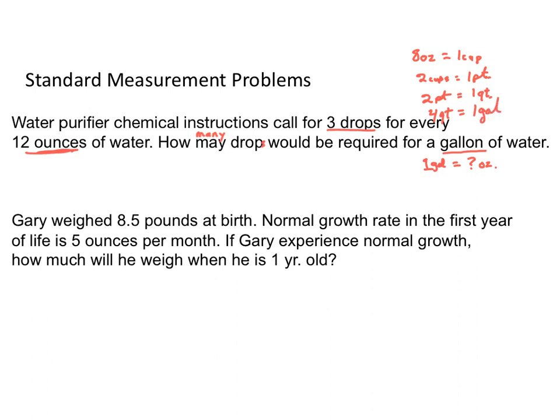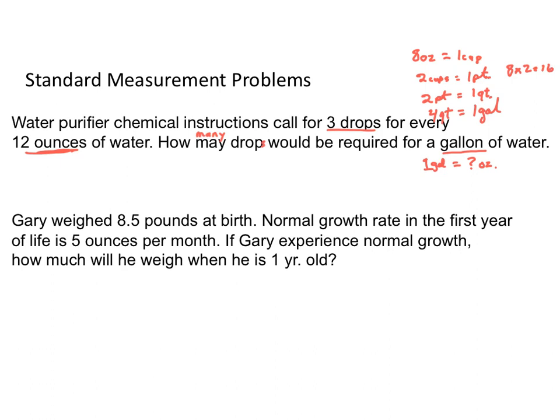So we want to know how many ounces there are in a gallon. Well, if there's 8 ounces in a cup and there's 2 cups in a pint, then we can take 8 times 2 to get how many ounces are in a pint. That's 16 ounces in 1 pint.